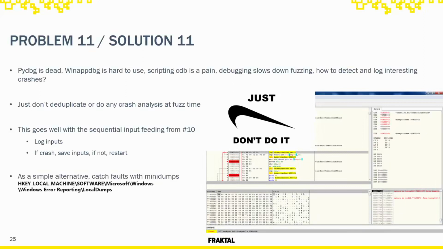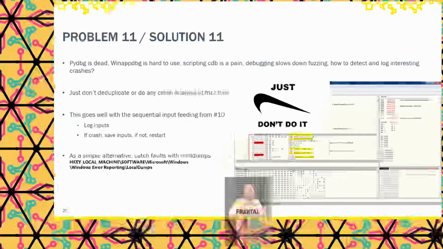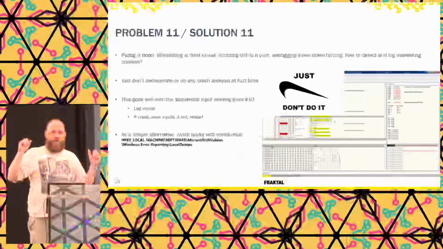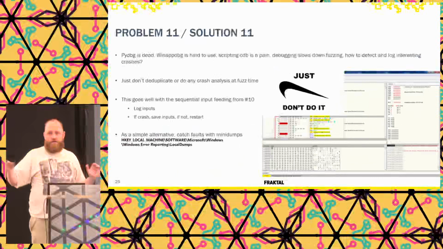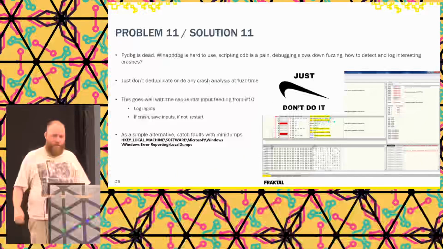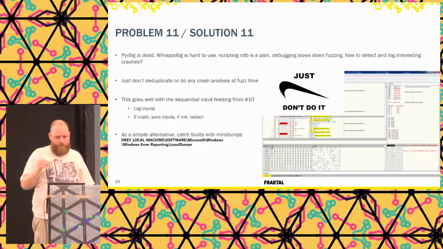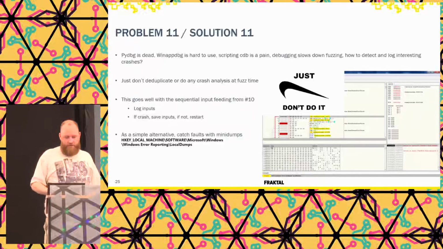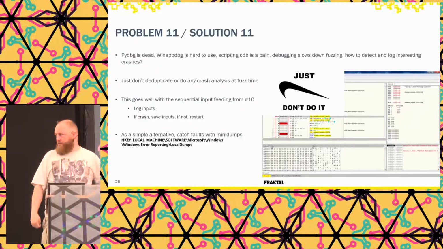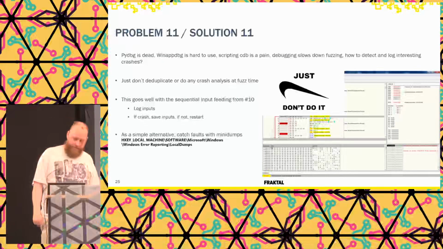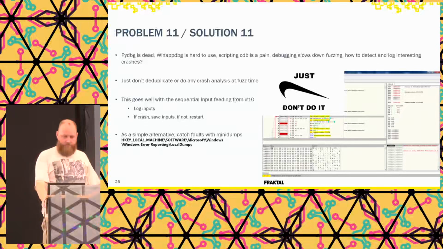I'm no longer able to feed it data, so I know it has crashed, and then I can just save that data, right? So there's no need to do this advanced fault detection at runtime using a debugger. If you're so inclined, you can also catch faults with mini-dumps, but in this case, it's not needed, because if you cannot feed the script, you know that something is up, and then you have a solution, right?